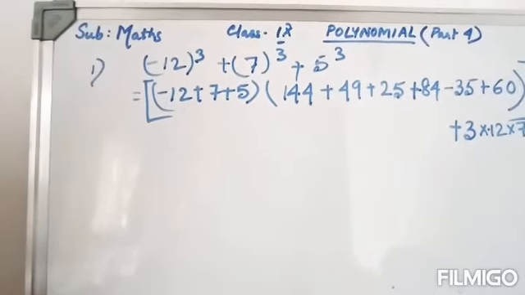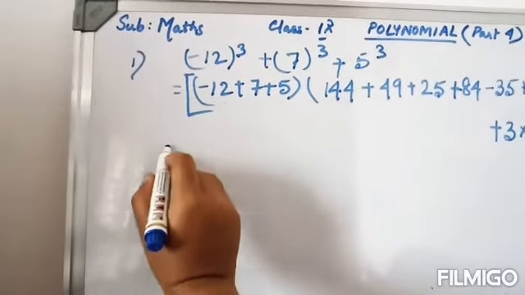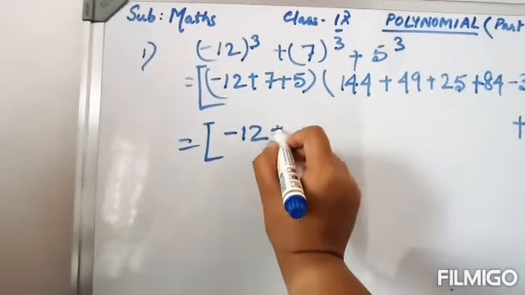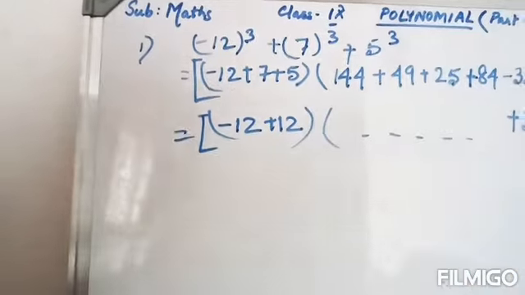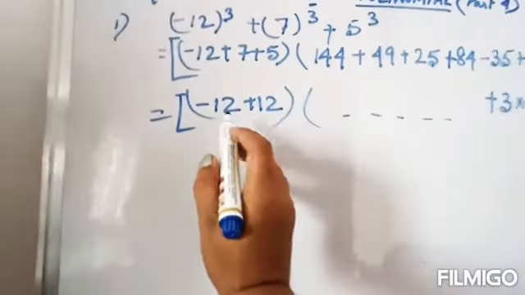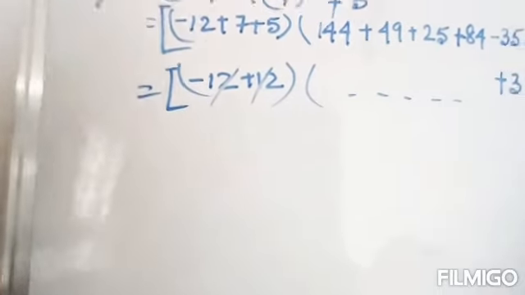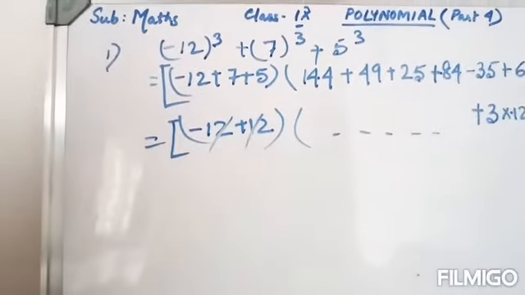Now see, minus 12 and plus 7 plus 5, which means what? Minus 12 plus 12. Correct? And this whole part is there. So this is coming as what? 0. Correct? So 0 into something will be 0. So no need of doing this part of calculation.